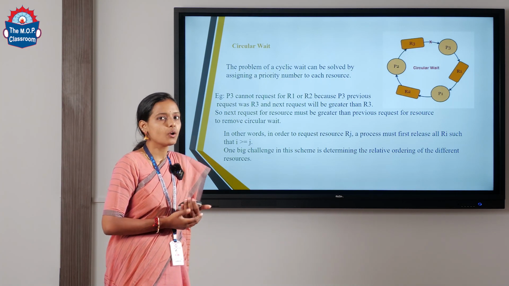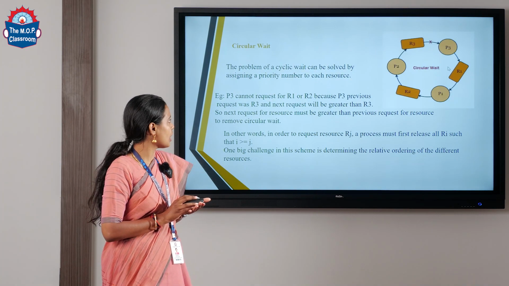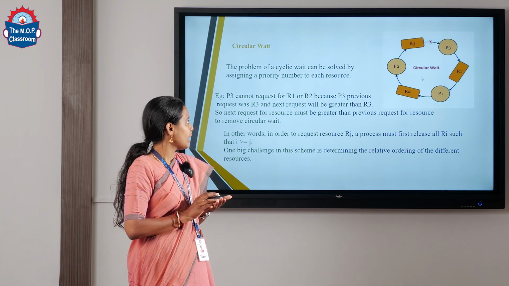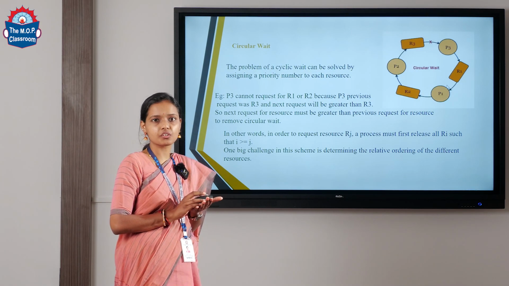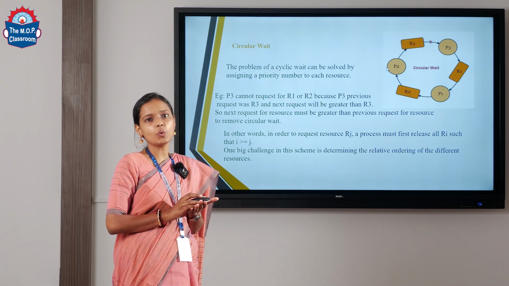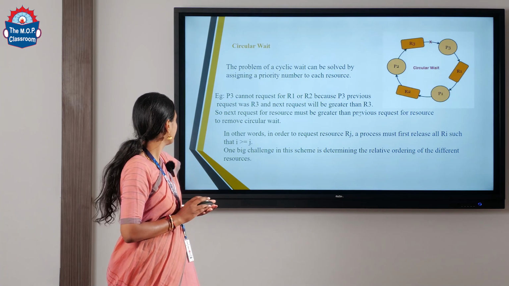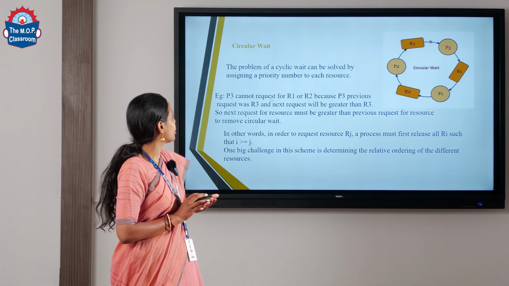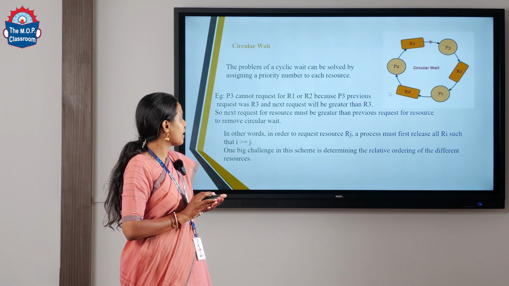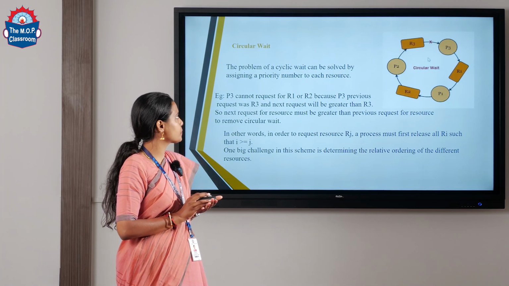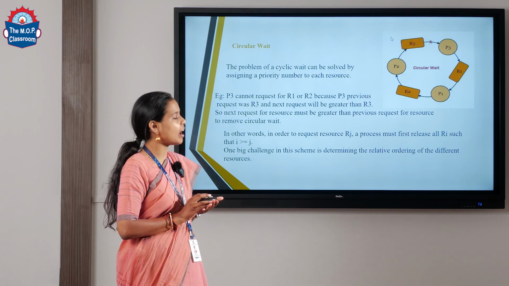Say for example, we have resources R1, R2, R3 and processes P1, P2 and P3. Let us assume the numbers given to the resources are 1, 2 and 3, right? So P3 cannot request resource R1 or R2 because it was previously holding the resource R3.